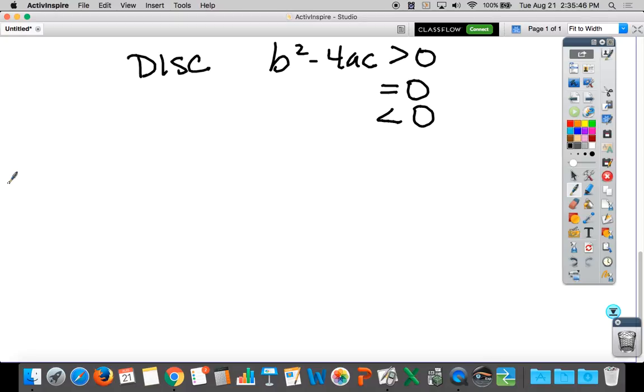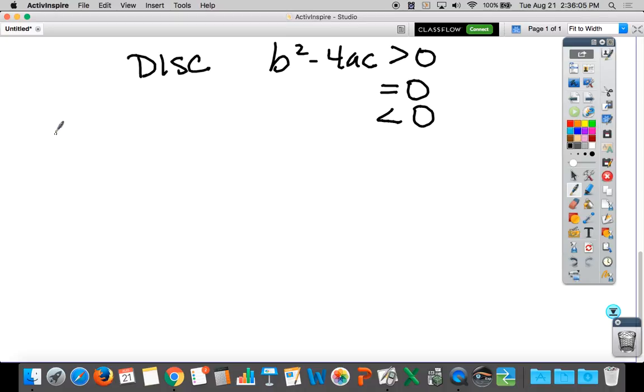So now guess what? When we did these before, for the most part, k was not a quadratic. It was easily solved for. But now k is going to make us a quadratic. So we're going to combine the discriminant with our quadratic inequality.